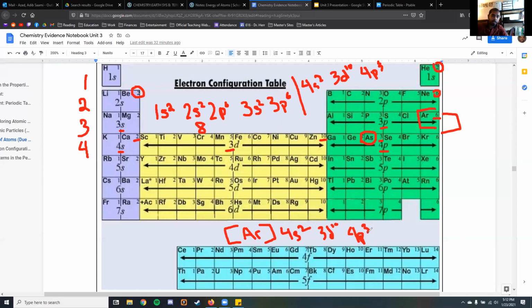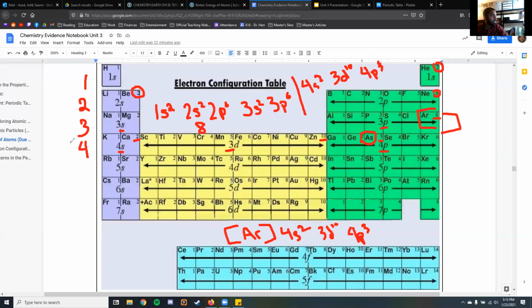Now the reason we talk about electron configuration, there's 2 real reasons. One, electron configuration lets us know what elements will react with what other elements. And more importantly, at least as far as I'm concerned, it lets us figure out the valence electrons of a given element. So if we're talking about arsenic, As, we're talking about the valence electrons in arsenic.